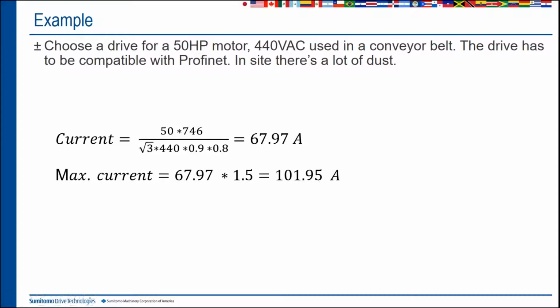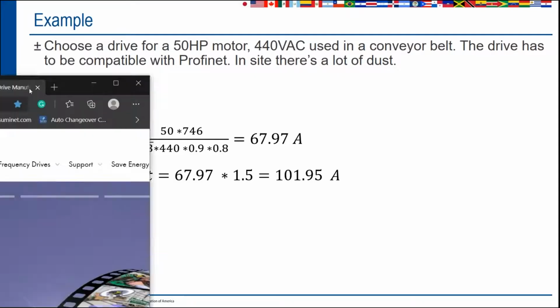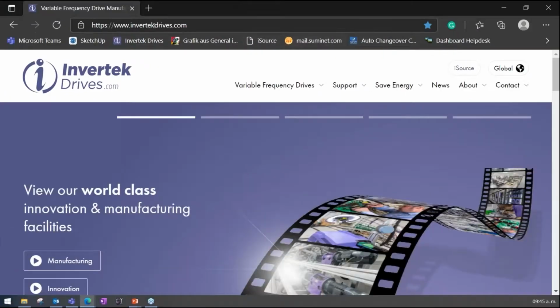Before talking about the families, before going into more detail, I want to show you this tool that we have available for you. You can go to the Invertek Drives webpage, and we have a drive configurator. This is very useful.